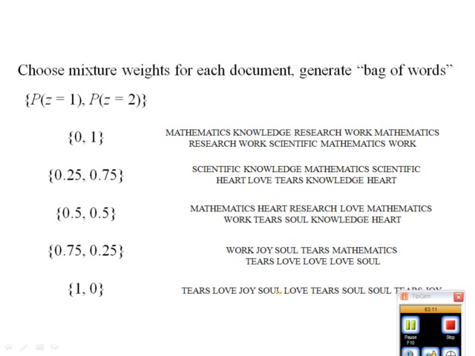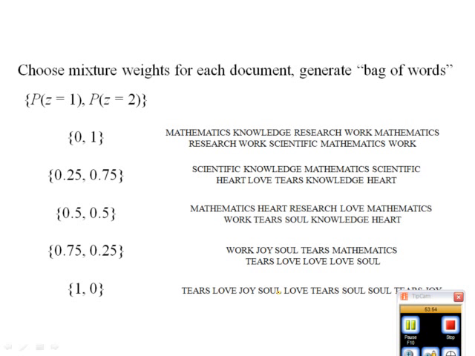There are lots and lots of examples of LDA analysis.